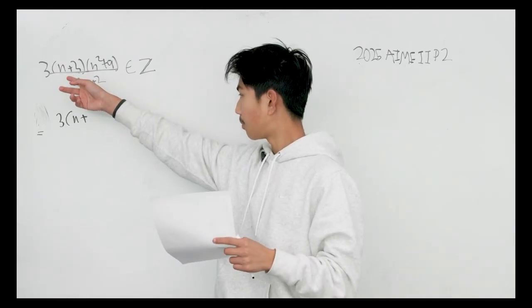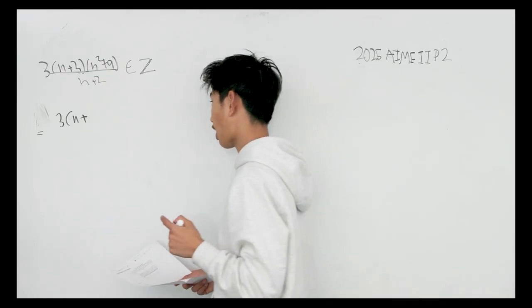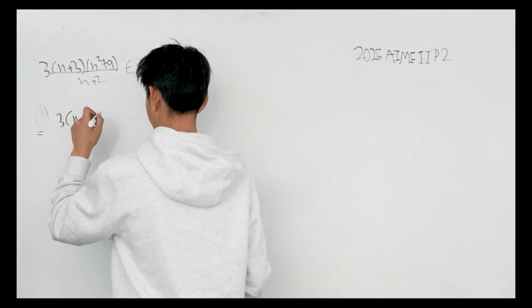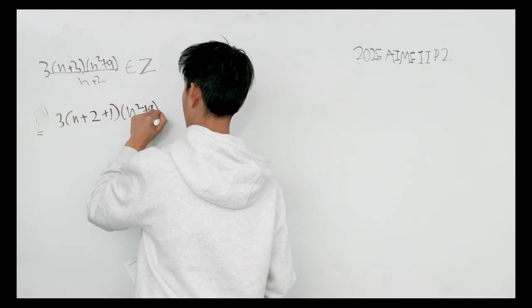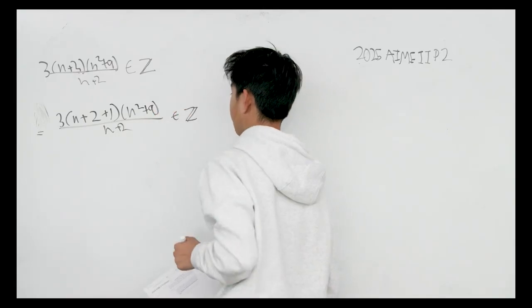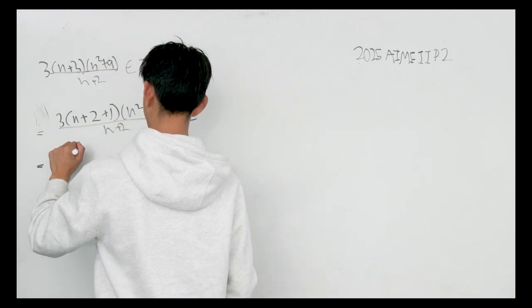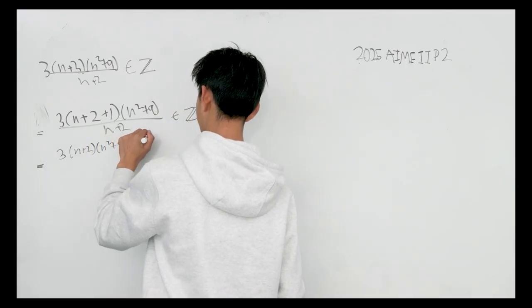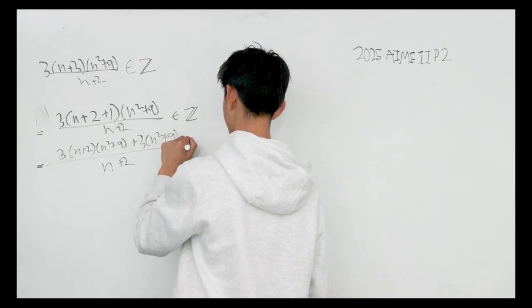However, we can cleverly see that 3 is equal to 2 plus 1, so that we do n plus 2 plus 1, times n squared plus 9, over n plus 2. Okay, now this becomes 3 times n plus 2 times n squared plus 9, plus 3 times n squared plus 9, over n plus 2.